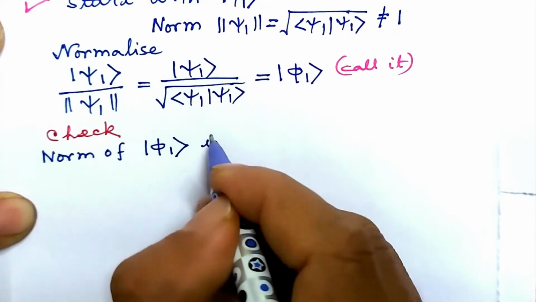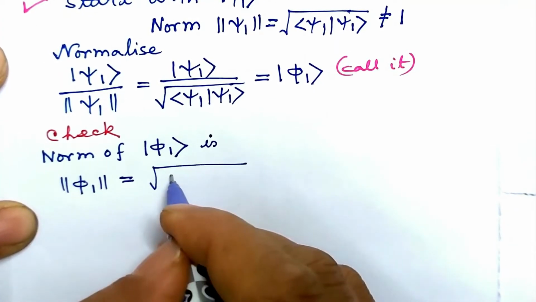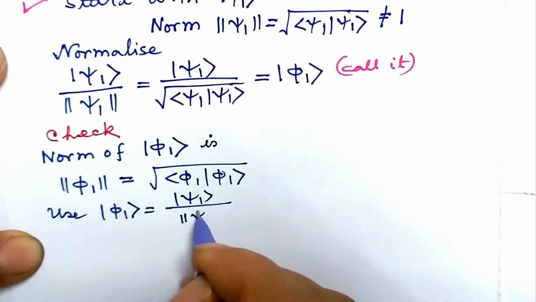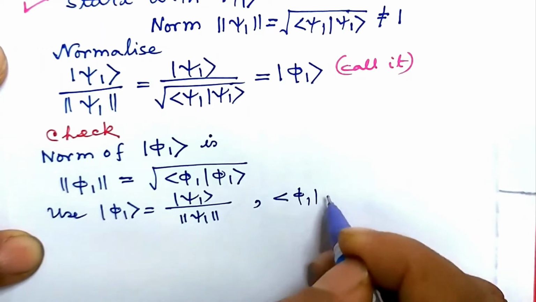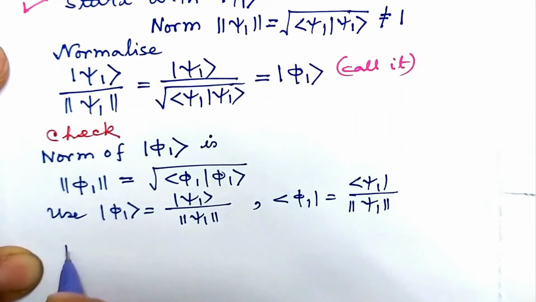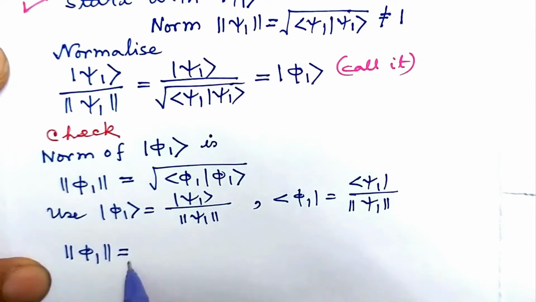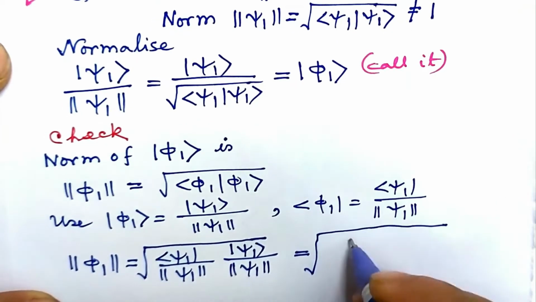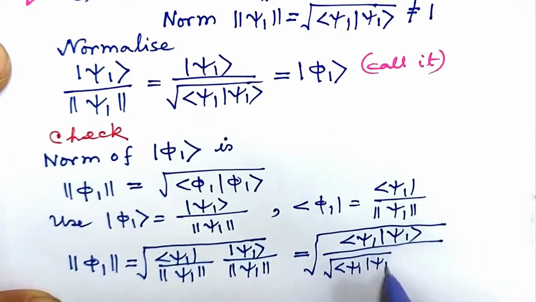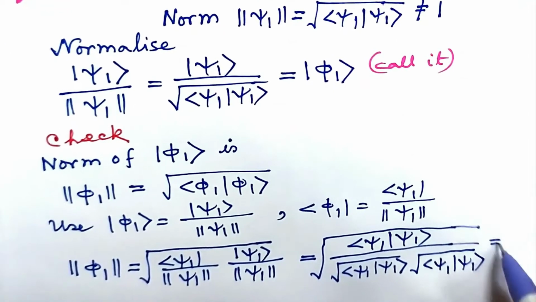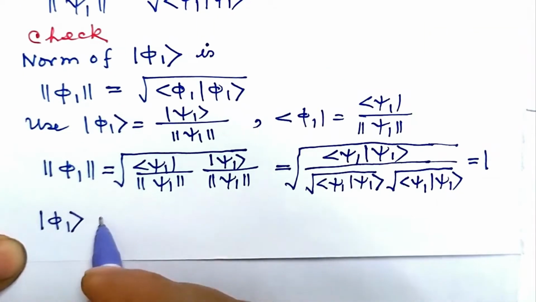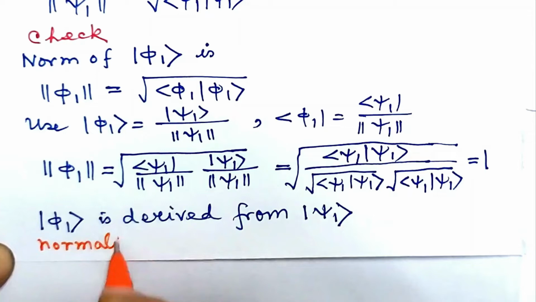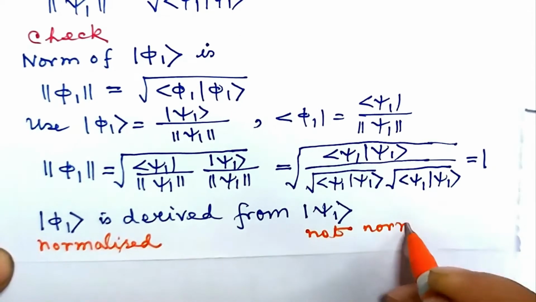The norm of ket phi 1 is, we use ket phi 1, and from here bra phi 1 is, so the norm of ket phi 1 is equal to 1. So ket phi 1 is derived from ket psi 1, where ket phi 1 is normalized, though ket psi 1 is not normalized.